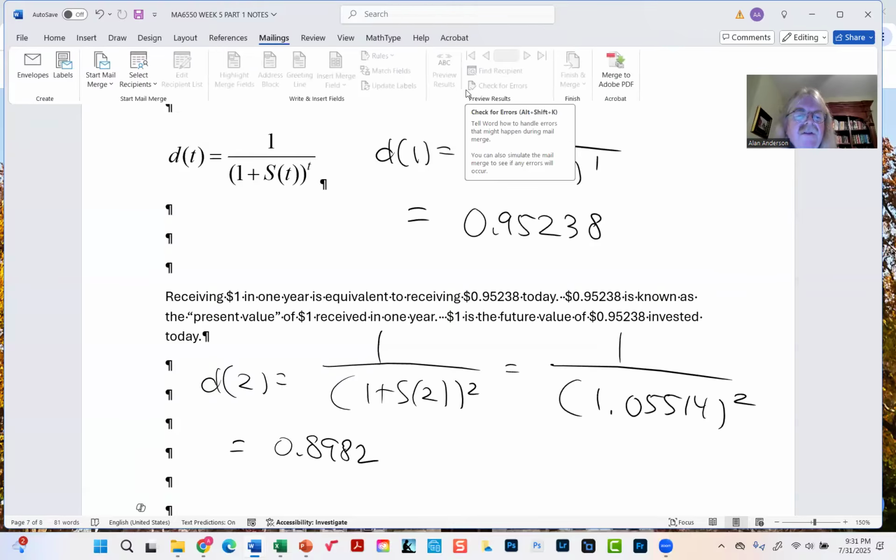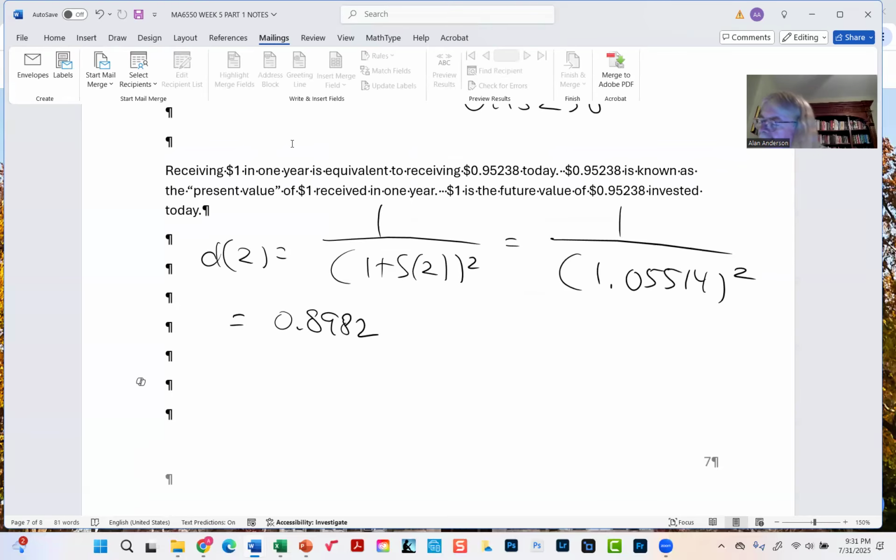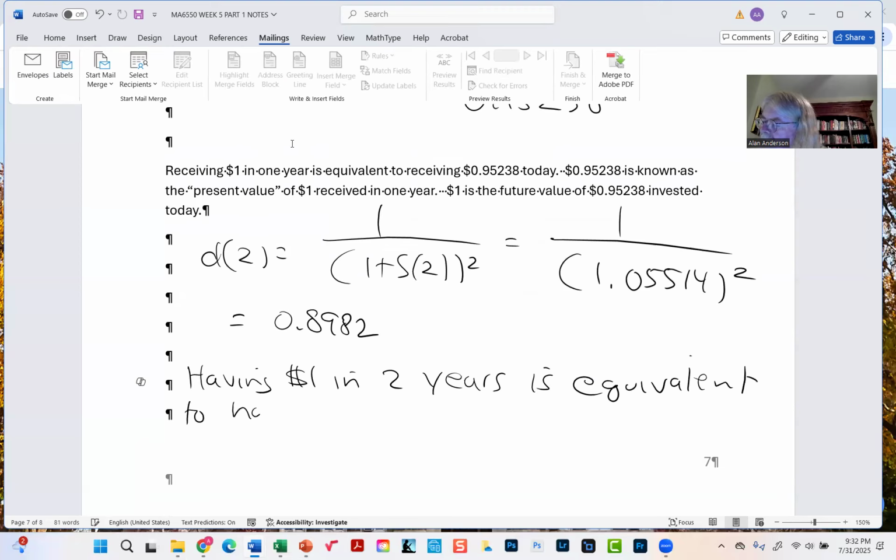It means that having a dollar now, or sorry, having a dollar in 2 years is equivalent to having 0.8982, about 89.8 cents today.